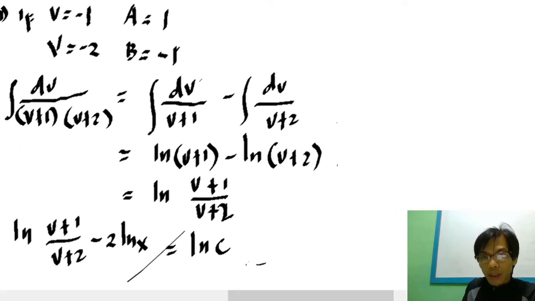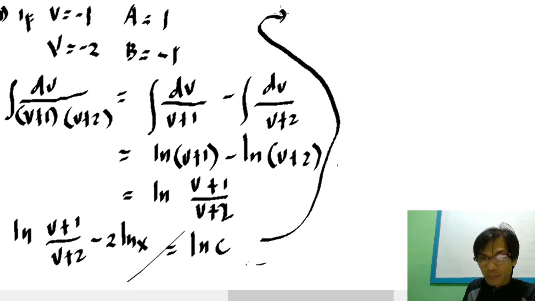Now, we will continue with our solution. So notice, in here we have ln of (v plus 1) over (v plus 2) minus 2 ln of x. The 2 ln of x can be transformed into what?